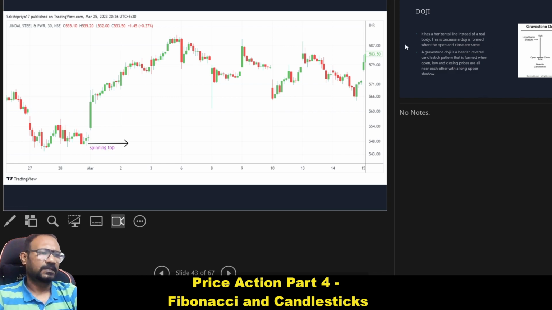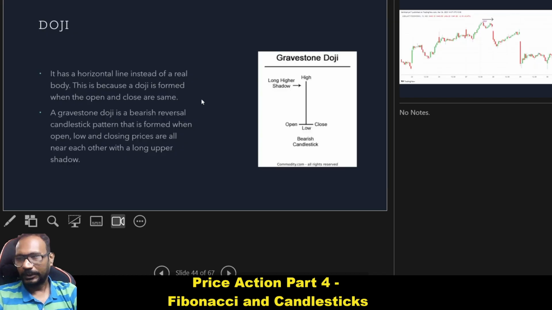All right. So let's go with the next candle called Doji. Doji is an absolute exhaustion candle. It shows that there has been a continuous attack from one of the parties, either the bulls or the bears. The first one that we are going to see here is called Gravestone Doji.